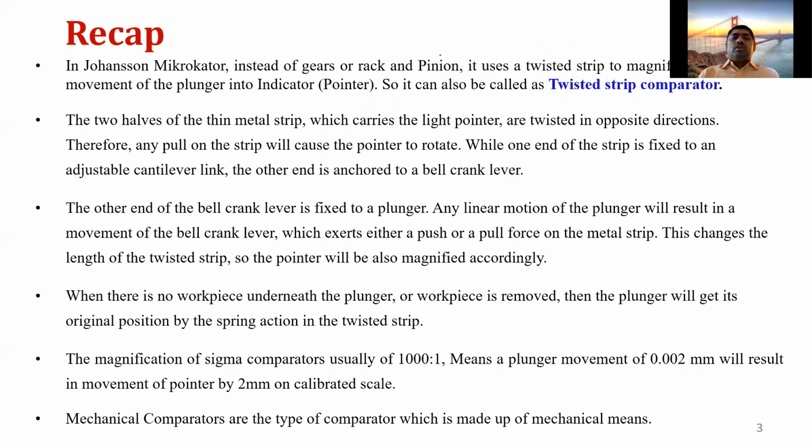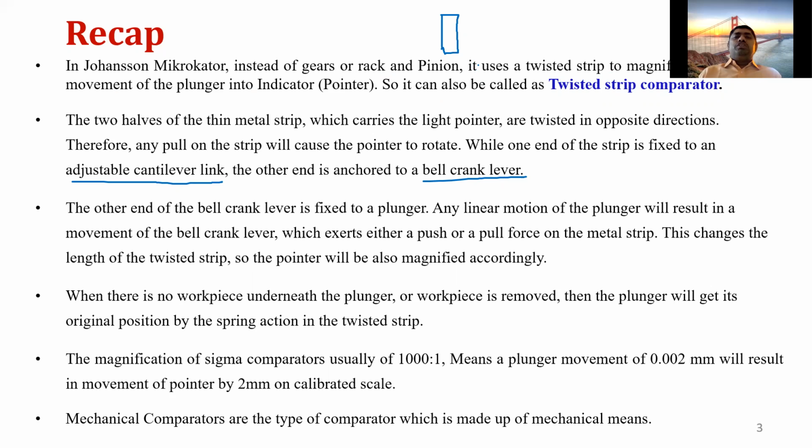So this consists of various elements. One is the twisted strip, and then we have the adjustable cantilever link, and the bell crank lever. We have the lightweight pointer, and also the plunger.